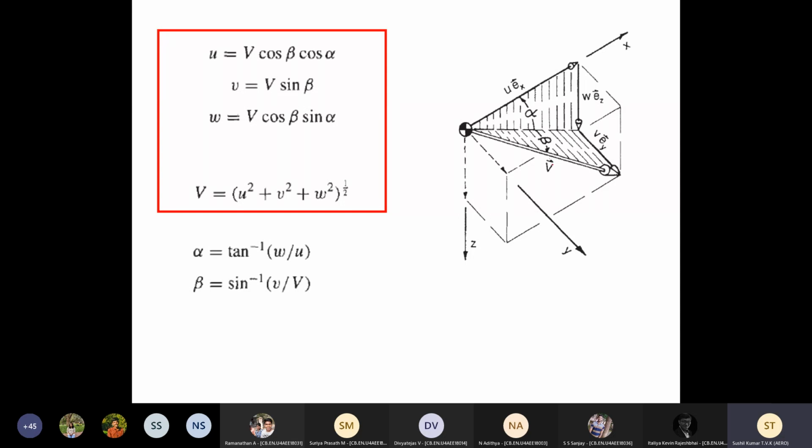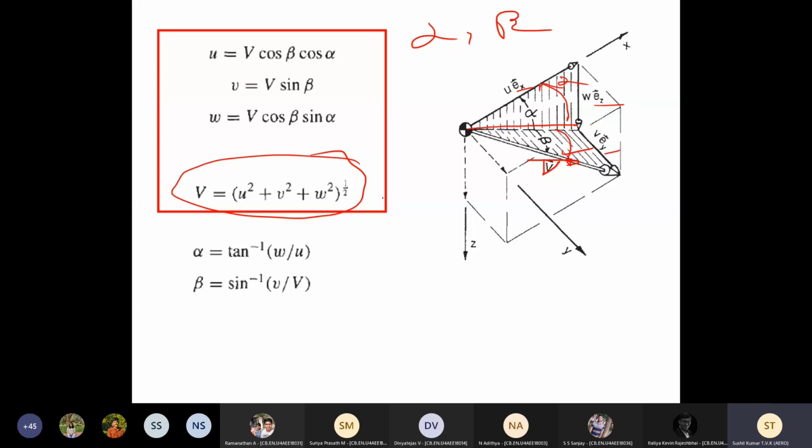So this is the resultant velocity, which has three components: x, y, and z. If you look at the xz plane, the angle is alpha. And if you look down on the xy plane, you'll get beta. So alpha and beta, just to give you a physical feel. And obviously, from coordinate geometry, V is equal to the square root of u squared plus v squared plus w squared.